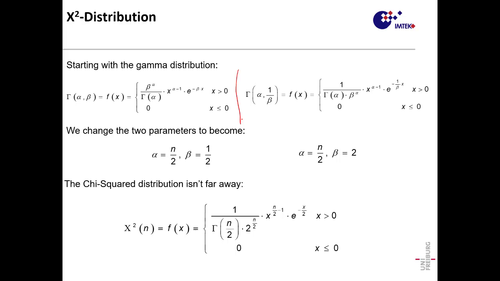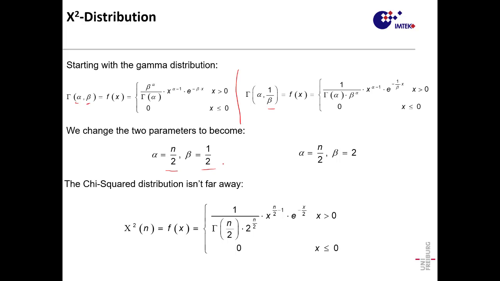The only difference is that alpha stays the same, but beta is 1 over beta for some reason in the USA. But this is the formula for the density function of the gamma distribution. So if for the gamma distribution you take alpha as n divided by 2 and beta as 1.5, the gamma distribution becomes the chi-square distribution. That's all. It's a particular case of the gamma distribution.